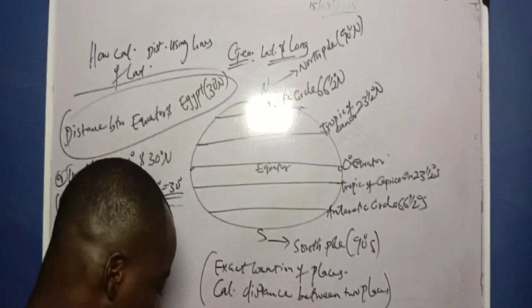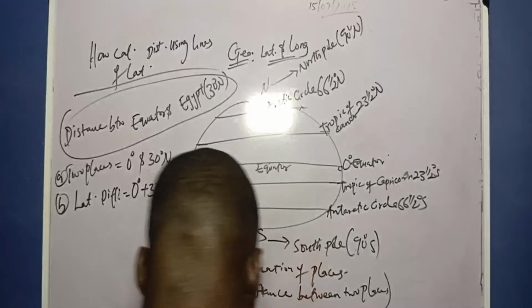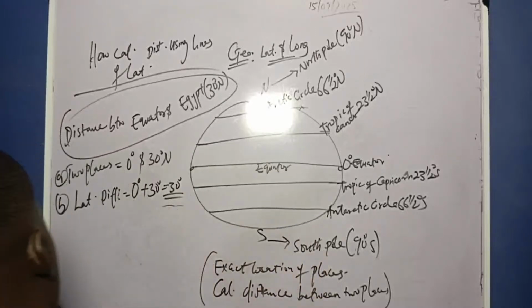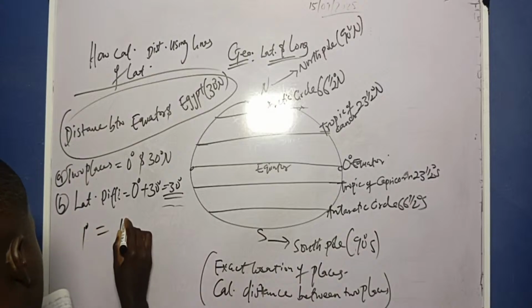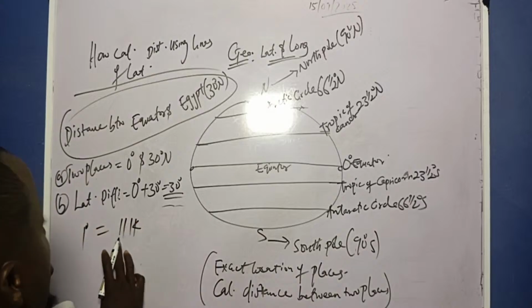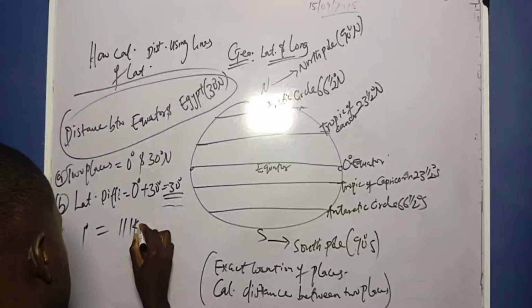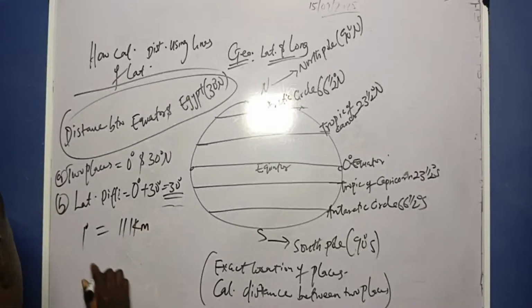So since we have gotten the difference, the next thing you will do is make an assumption. Since 1 degree is equal to 111 kilometers, 30 degrees should give us what?